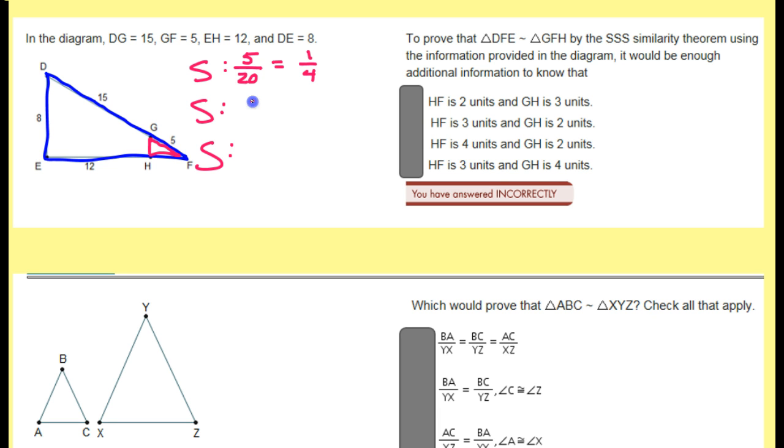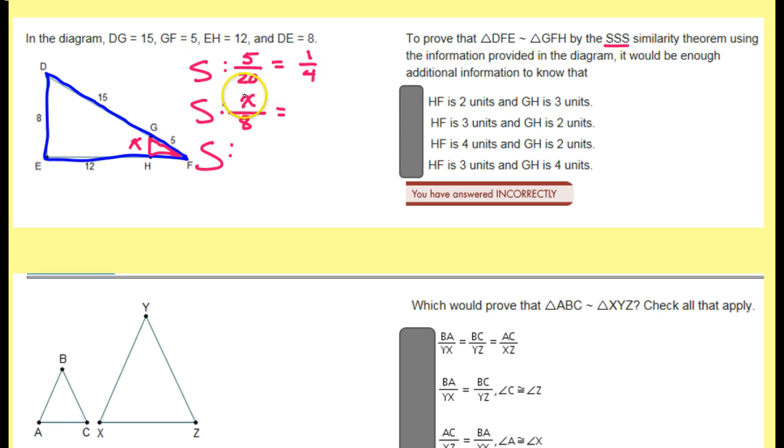Now, if we want to do another side, like say this side right here, I'm going to put a little X here. That's something we need to know. If we're going to do side-side-side similarity, we'd want to do X over 8, and this has to be 1/4, right? So let's see, what would that be? Well, 8 is double 4.